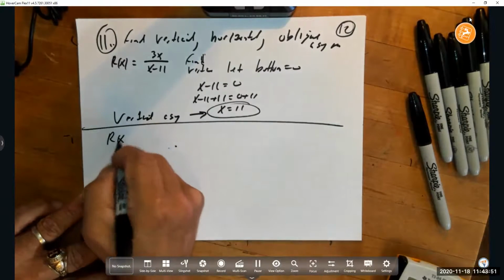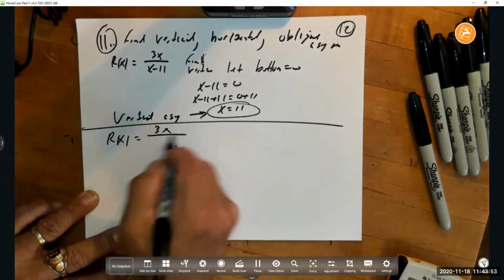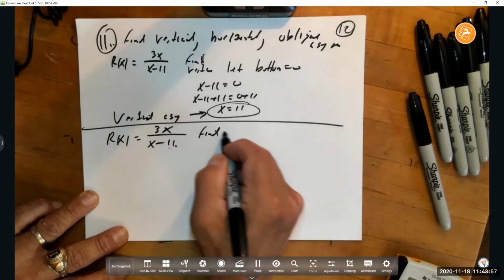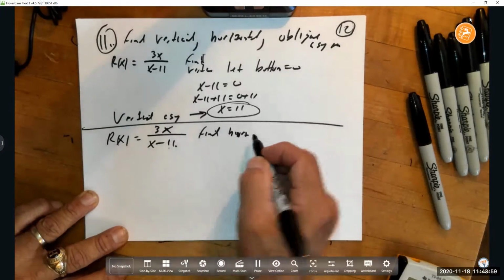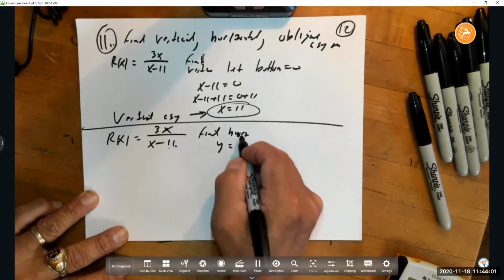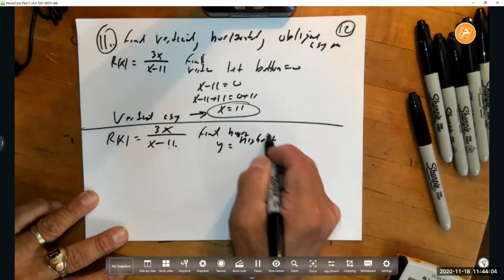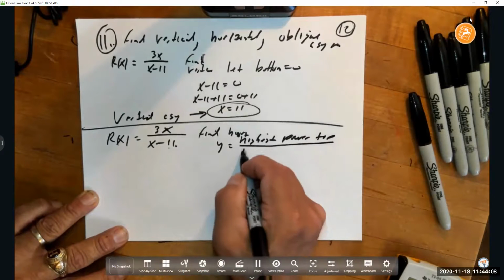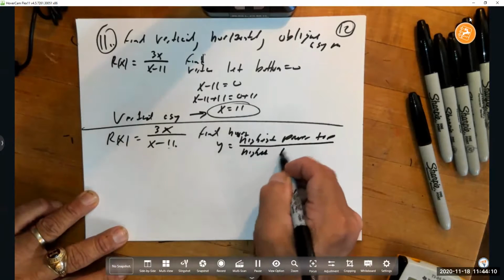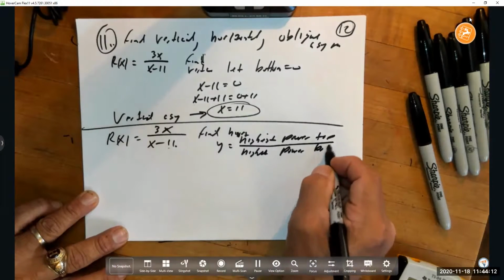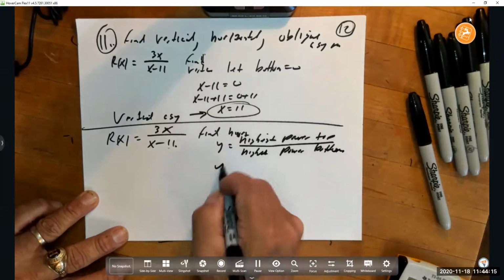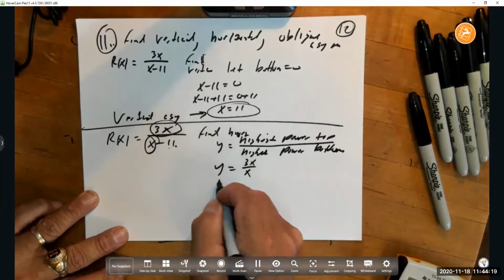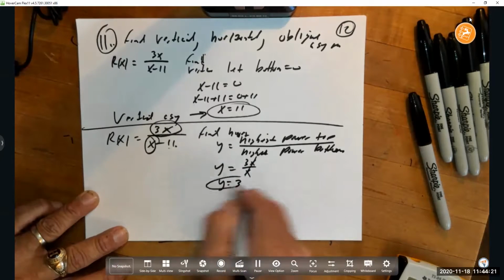All right, r of x is 3x over x minus 11. To find the horizontals, divide the highest power on top by the highest power on the bottom, which is this one over this one. 3x over x, which is going to be 3.